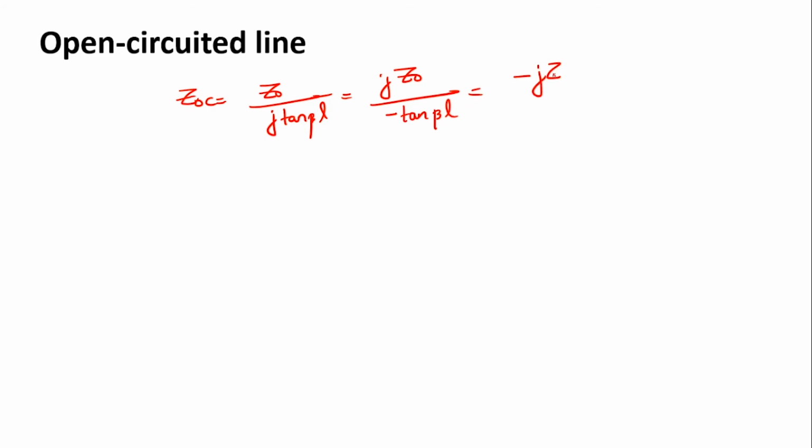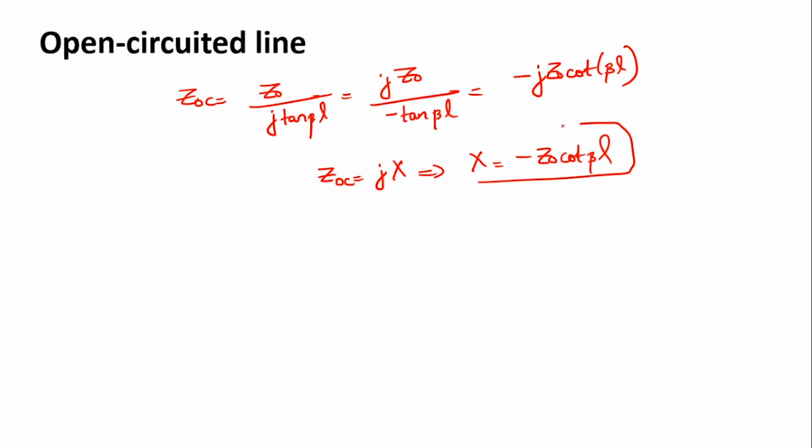Minus J Z0 cot beta L. Then it will be ZOC, that is equal to J into X. So X will be equal to minus Z0 cot beta L by removing J value. Okay, X is the reactance value.